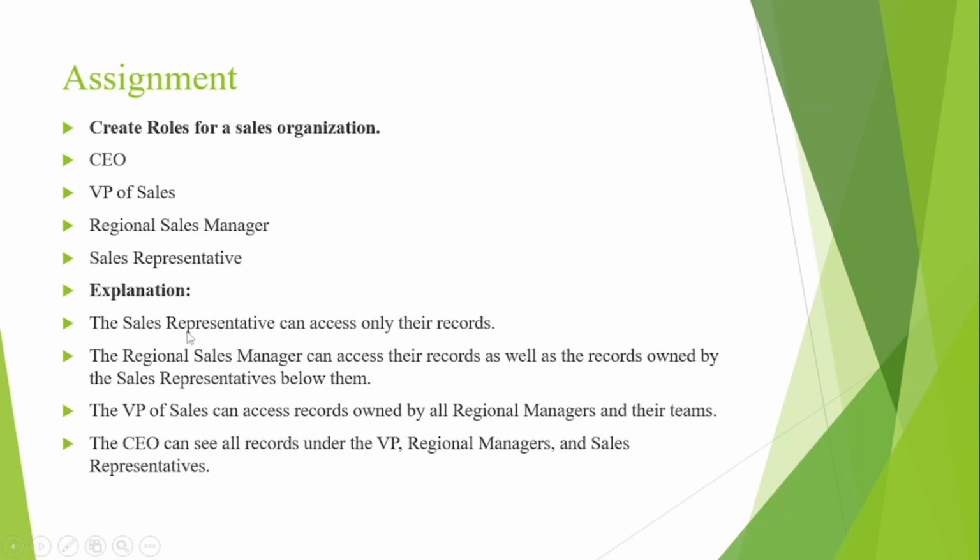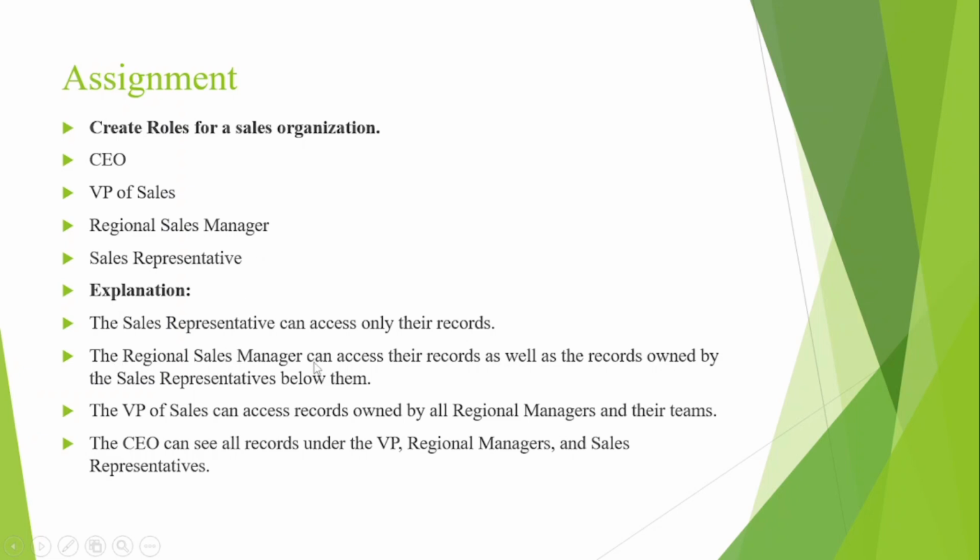The sales representative can access only their own records. In this role hierarchy, the sales representative can access their records only. They can't access the records of the regional sales manager, VP of sales, or CEO. That is not possible.